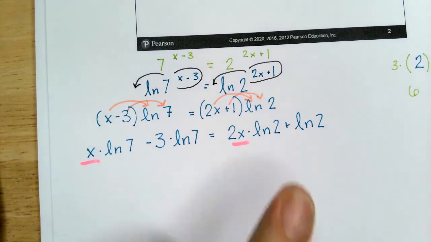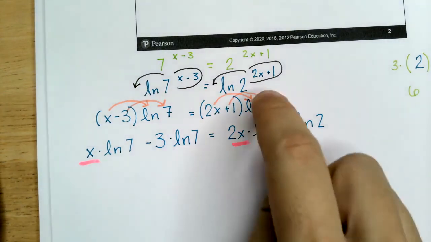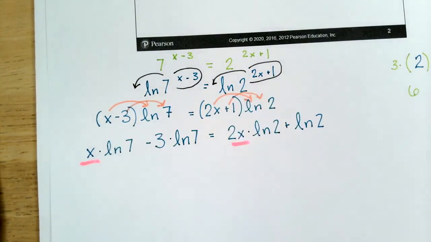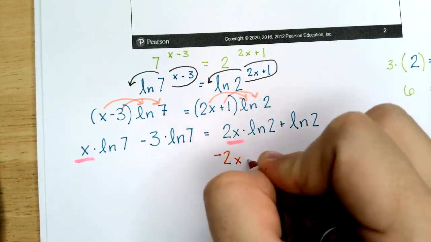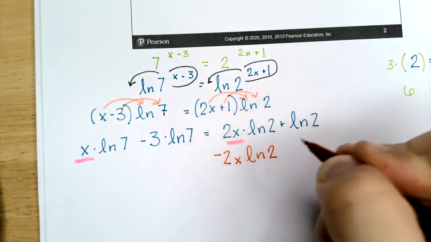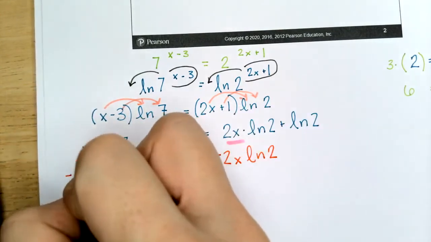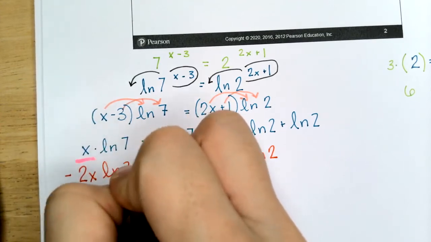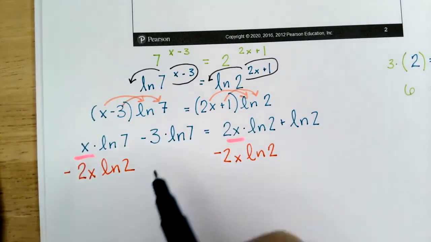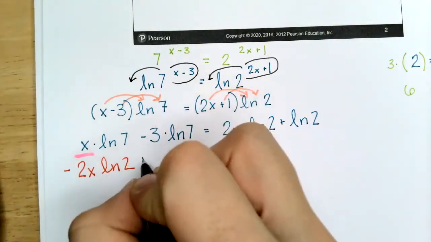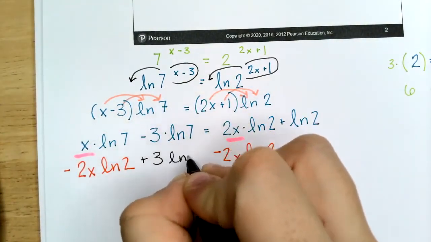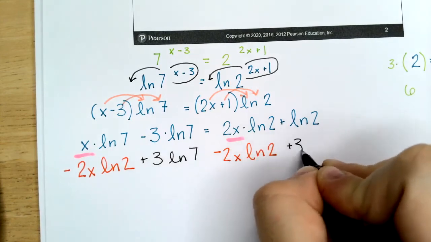So I just distributed, and this is one term. Okay? So now I want all my x's on one side. So I'm going to subtract 2x natural log 2 from both sides. And I'm going to move this one over here. So I'm going to add 3 natural log 7 to both sides.